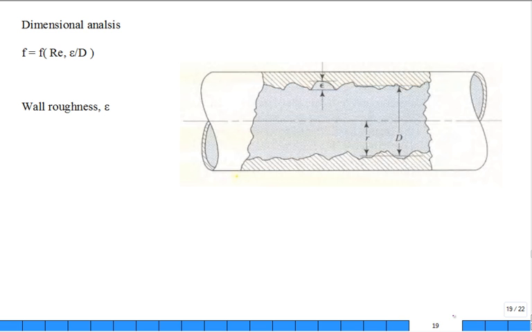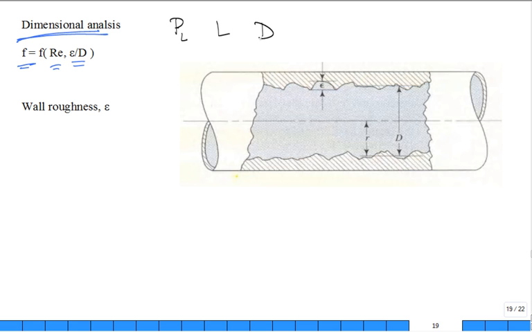So what we find is that you can do dimensional analysis, and maybe we should do that, to get the friction factor as a function of Reynolds number and relative roughness. We just came out of that chapter, right? You would say, well, I want to calculate the pressure loss in a pipe. What's it a function of? How long is the pipe?